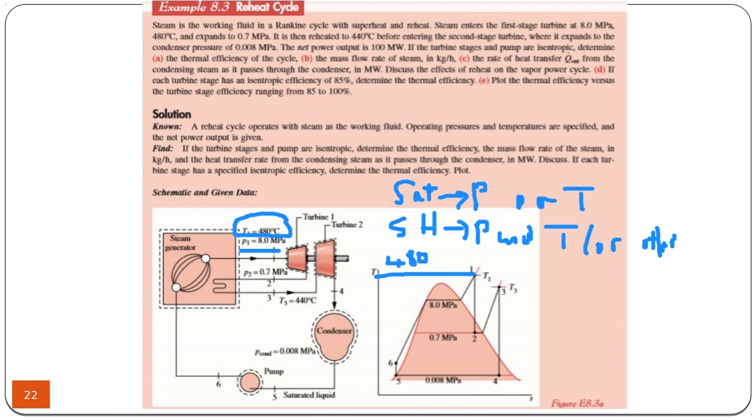It enters the first turbine, it expands to a lower pressure while it produces work. Then it gets back into the boiler again, the reheat cycle. So this is the reheat cycle. And as you can see, the reheat pressure is lower than the normal pressure.